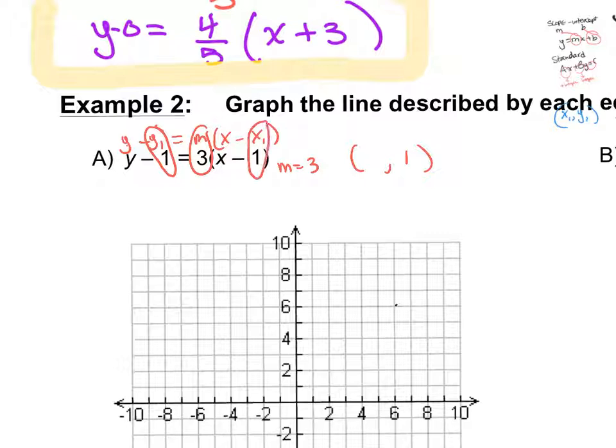And x1 is 1. So my point is 1 comma 1, which is right here. The slope is 3. Remember, slope is rise over run. So if it's 3, it means you go up 3 to the right 1. Up 3 to the right 1. Connect your dots. And you have your line.